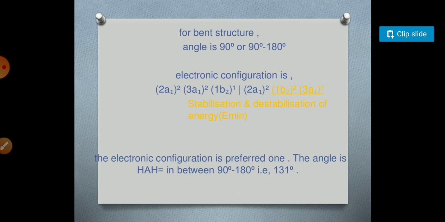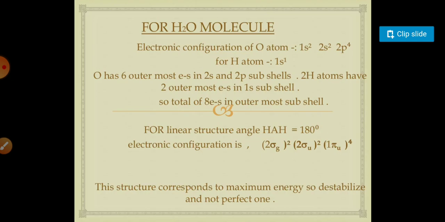The configuration for this kind of compound is 2a1 square, 3a1 square, 1b1 and 2a1 square. So this gives stabilization of the compound, and the HAH angle is between 90 to 180 degree, that is also 131 degree.